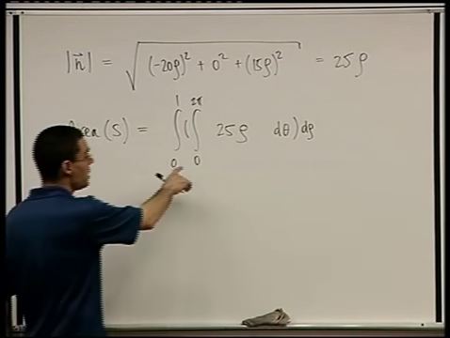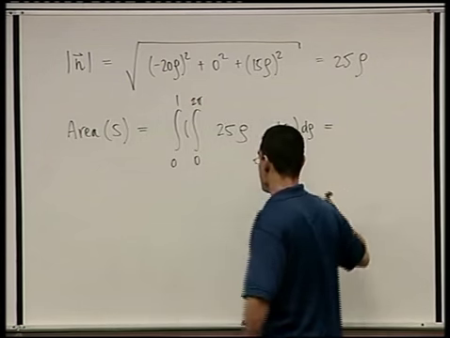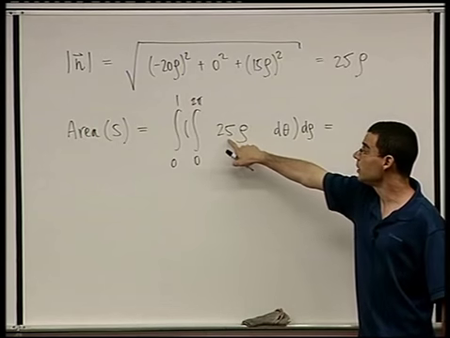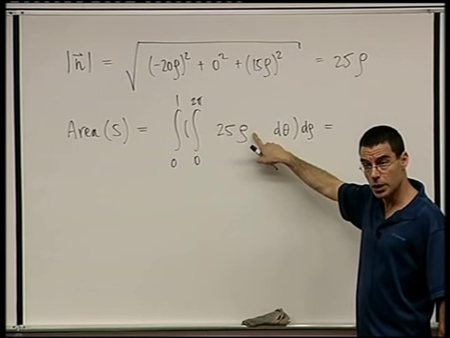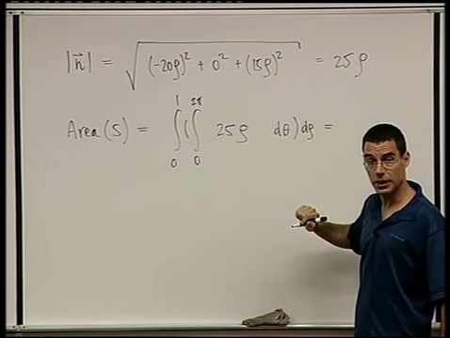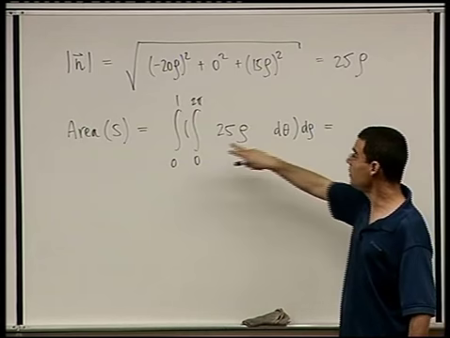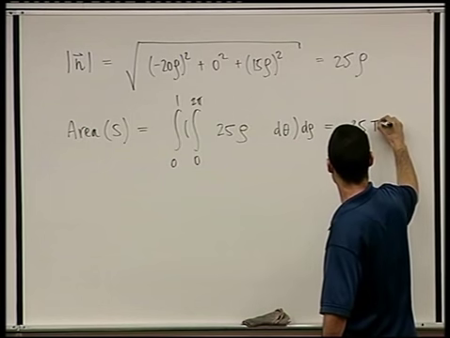So the integral d theta contributes 2 pi. The integral d rho is going to contribute a 25 rho squared over 2. When we plug in 1, we're going to get 1/2. When we plug in 0, we're going to get 0. So we're going to have 50 pi times 1/2. So we're going to have 25 pi.